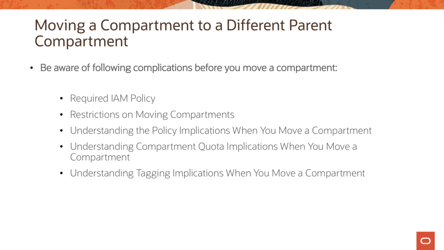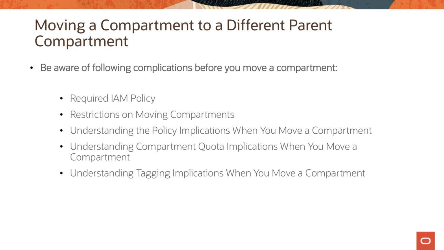So I would encourage you to watch that session for complete information, but let me cover some of the things you should be careful about when you're moving your compartments. On the IAM policy side, to move a compartment, you must belong to a group that has manage all resources level permissions on the lowest shared parent compartment of the current compartment and the destination compartment. So you need the manage all resources IAM policy.